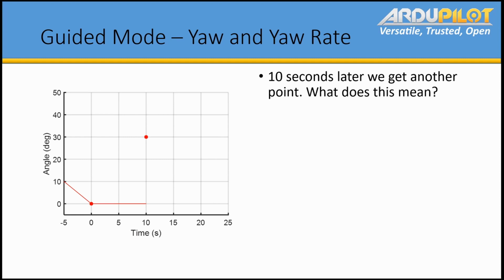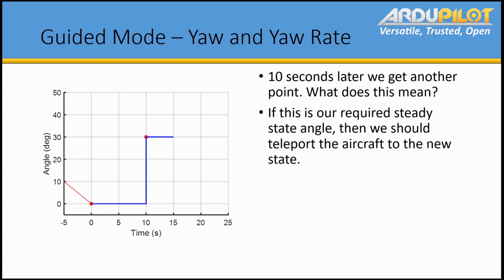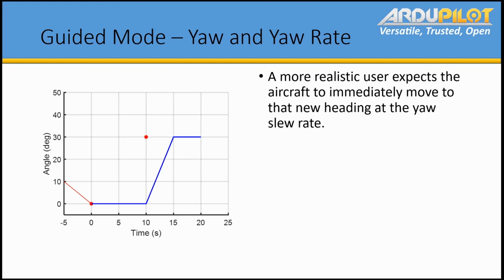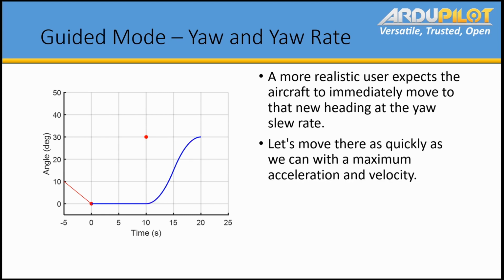Now, what the user wants is often the magic teleportation device that instantly takes us to that new angle offset. But perhaps the user's a little bit more reasonable, and expects a nice slew to that angle. But that's not possible, all right? So we can't do that. We might be able to do a nice acceleration curve to that angle.